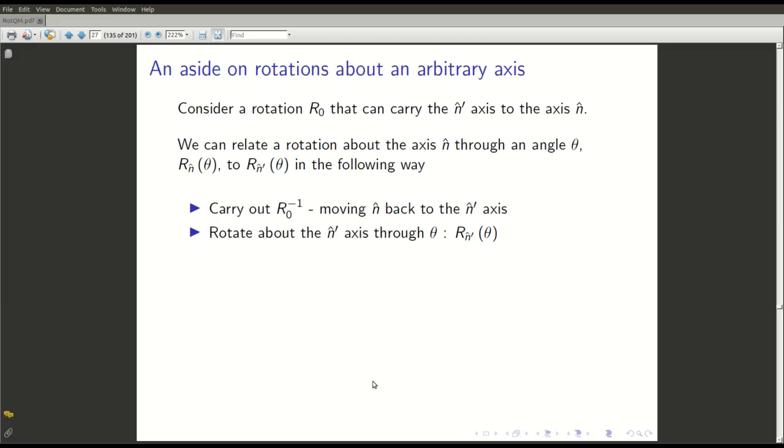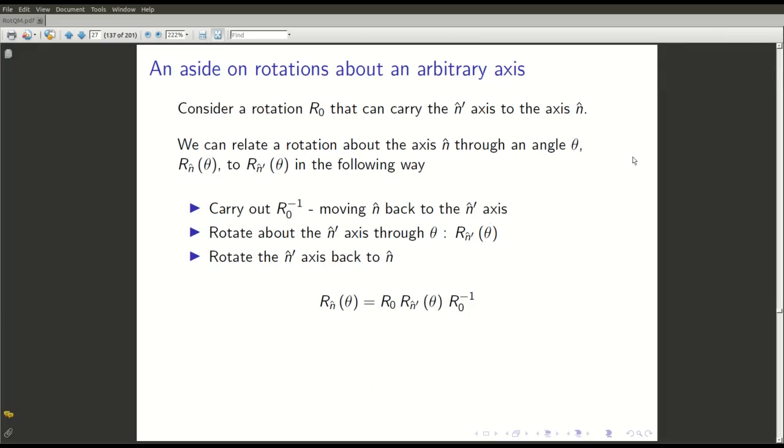Doesn't have to be, but could be. And then rotate the n prime axis back to n. So this is the prescription. The rotation R n hat theta is R0, R n hat prime theta, R0 inverse. Once again, remember, R0 inverse gets to act first, then R n hat prime theta, then R0.